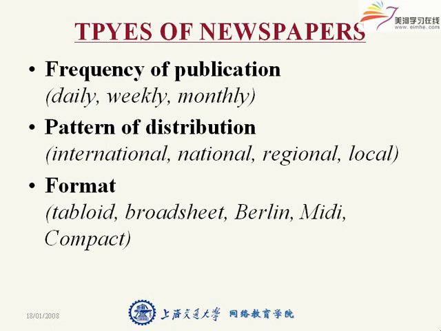By understanding the layout of the material you are reading, you can extract useful information more efficiently. For example, if you know this is a daily newspaper, you will know the information will not be from last month. But if you know a newspaper is published only once a month, there will be different things and different sections, and you know where to find them.